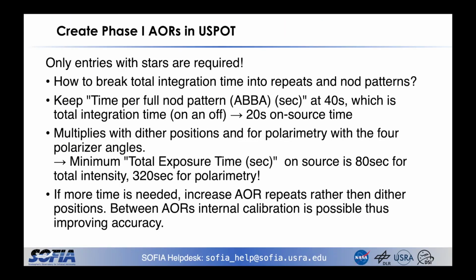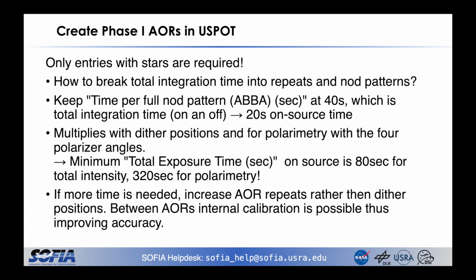Just to summarize what we just entered into the phase 1 AORs, reminder: only the entries with the stars are required. All the others will be detailed together with the instrument scientist during phase 2. You had to figure out how to break up the total integration time into repeats and knot patterns.